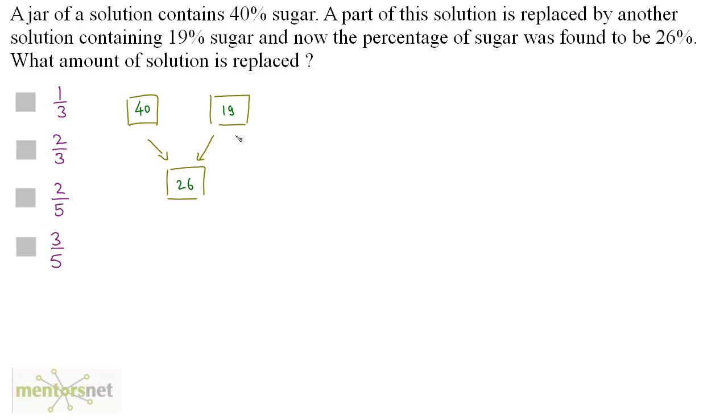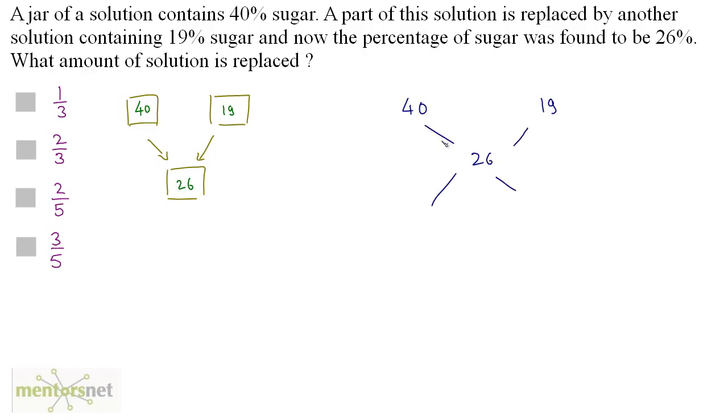Well, the amount of solution that is added into the solution which contains 40% sugar is the amount that is replaced, isn't it? Now we can apply the alligation rule. We have a 40% solution and we have a solution with 19% sugar. Now the mean percentage is 26%.